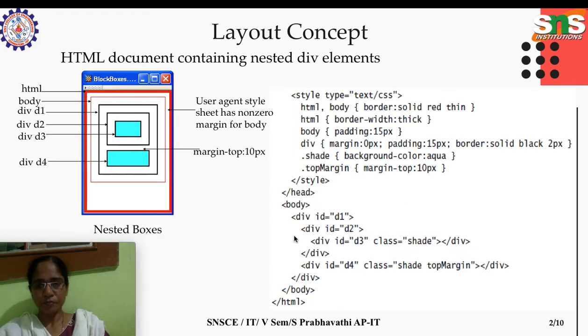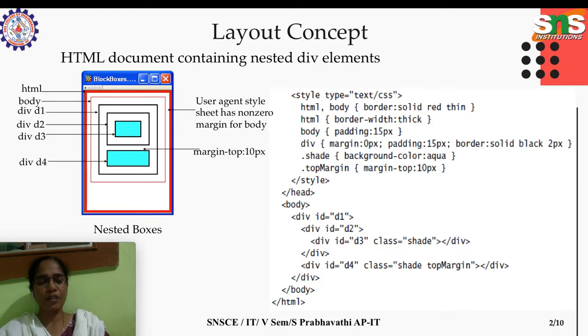Here I have given only part of the header. The root element of this HTML document is the html element, followed by the head. Inside the head we have this style. I hope you know this style is nothing but an embedded style, is it not?